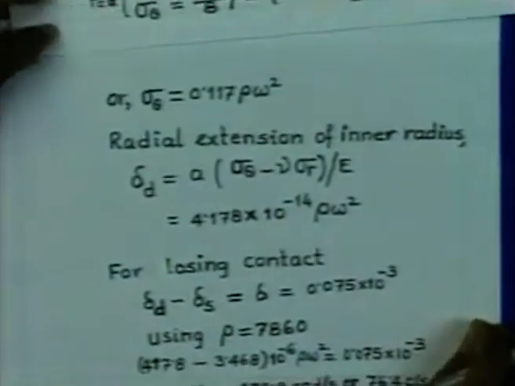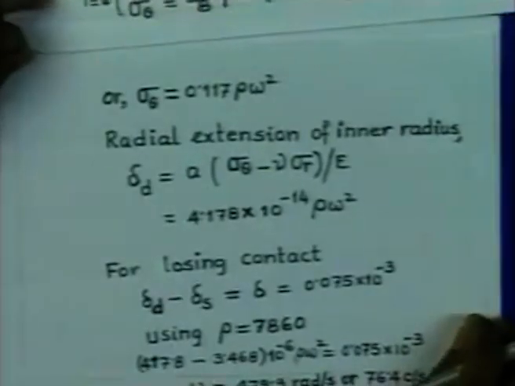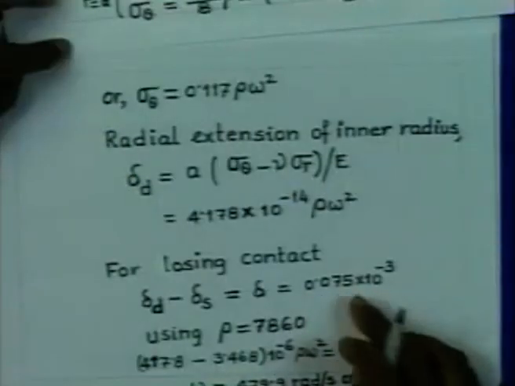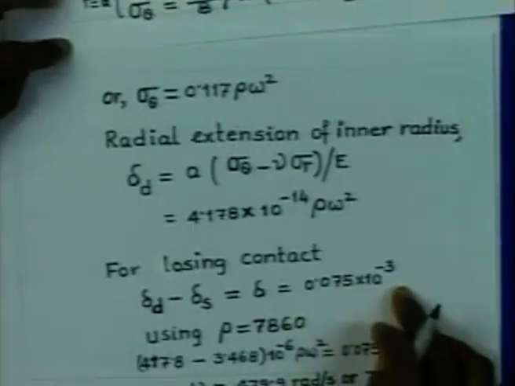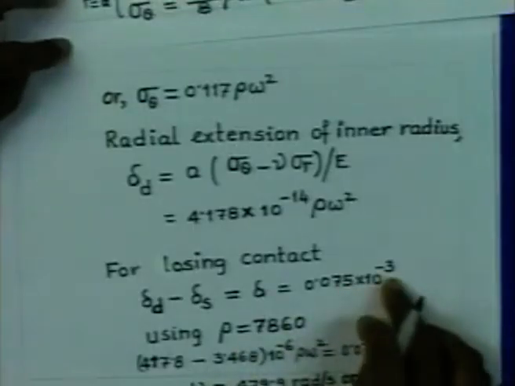Now, the condition for losing contact is that the expansion of the disk minus the expansion of the shaft must be equal to the initial interference, which is given as 0.075 10 to the power minus 3 meter.